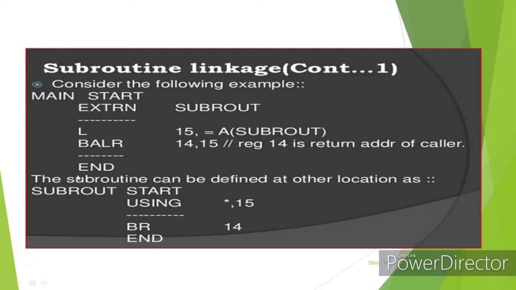Then END. The subroutine can be defined at another location, which is called the subroutine start. Then USING is used to start the subroutine. START, 15 is the memory location of the subroutine. Then there are some instructions. Then BRANCH 14, which means it will again transfer control to the main program.